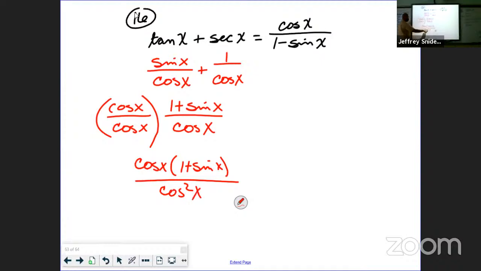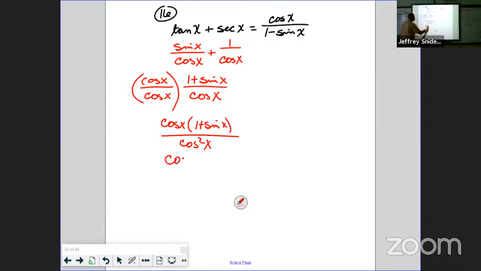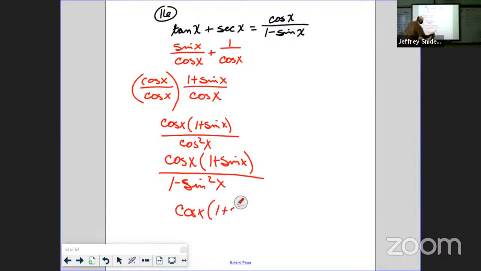That gets replaced with 1 minus sine squared x. That is cosine x times 1 plus sine x over 1 minus sine x times 1 plus sine x.